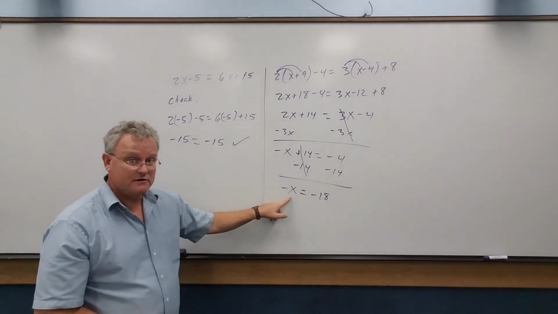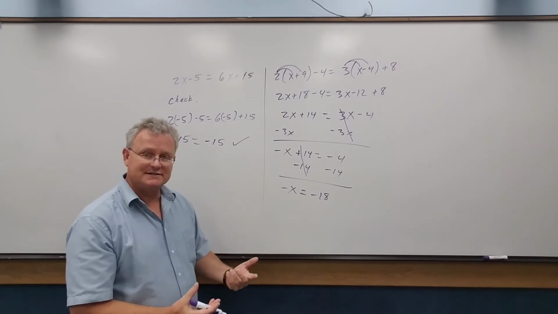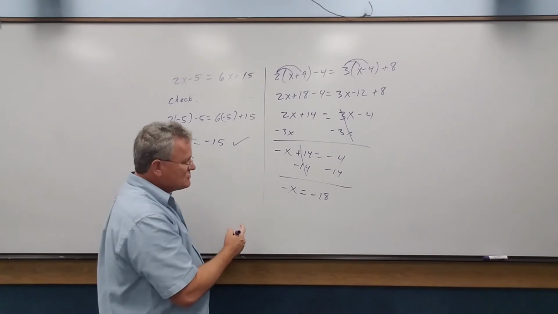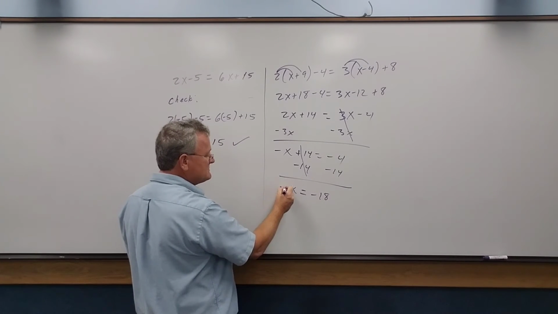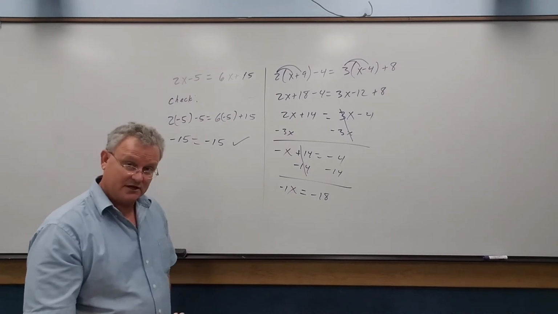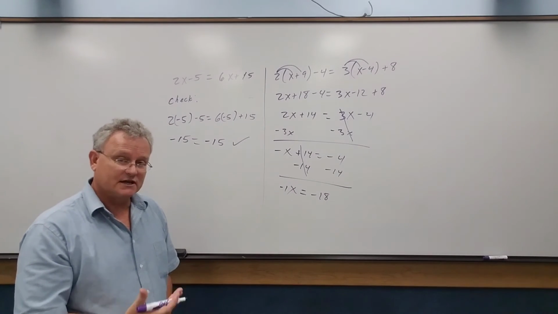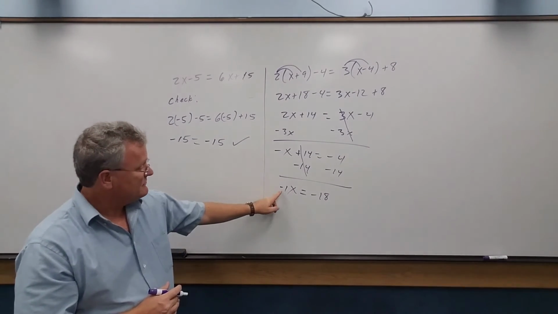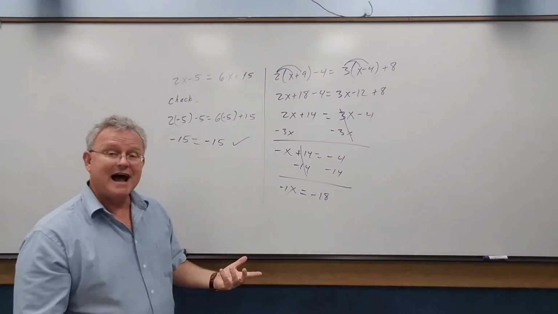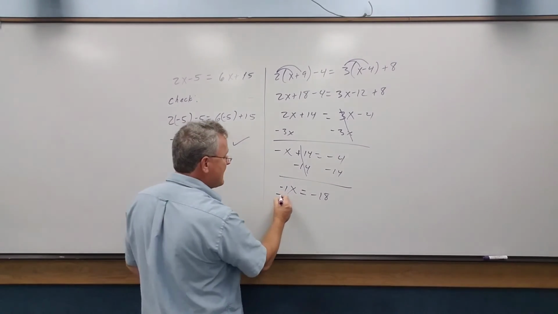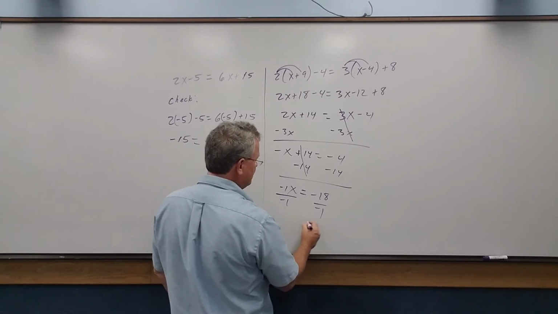Now we aren't done, because we want to know what x is, not negative x. So keep in mind, this negative x is really the same as negative 1x. Negative 1 times x is negative x. This is a multiplication, negative 1 times x. The opposite of multiplying is dividing by negative 1.